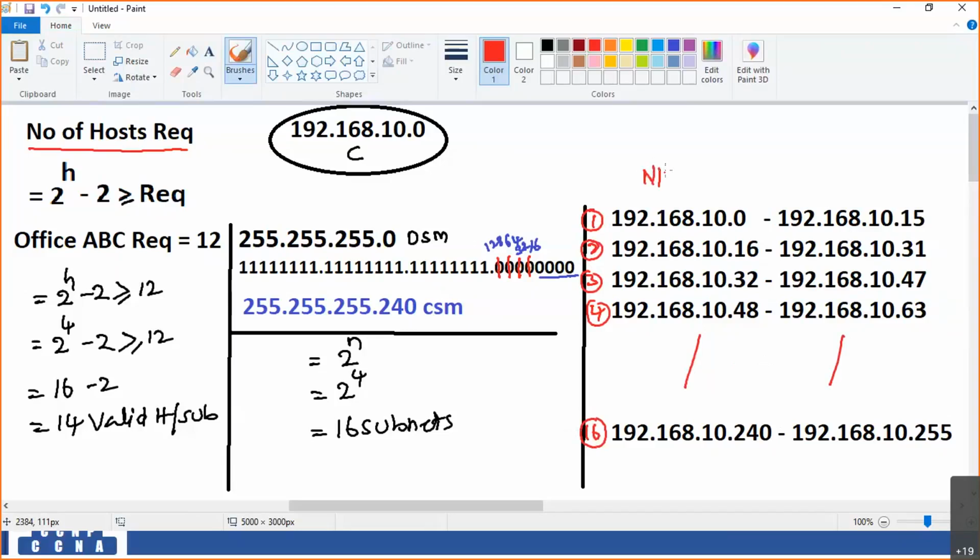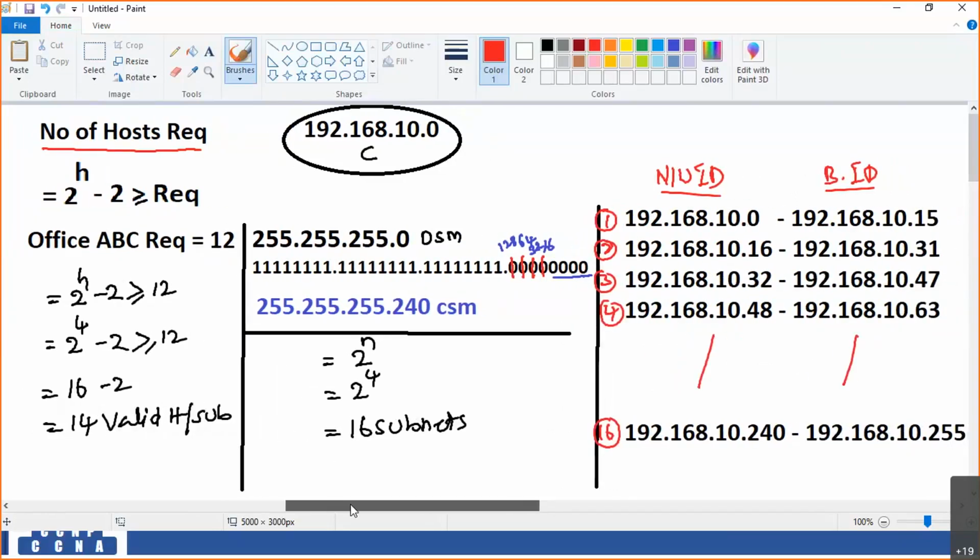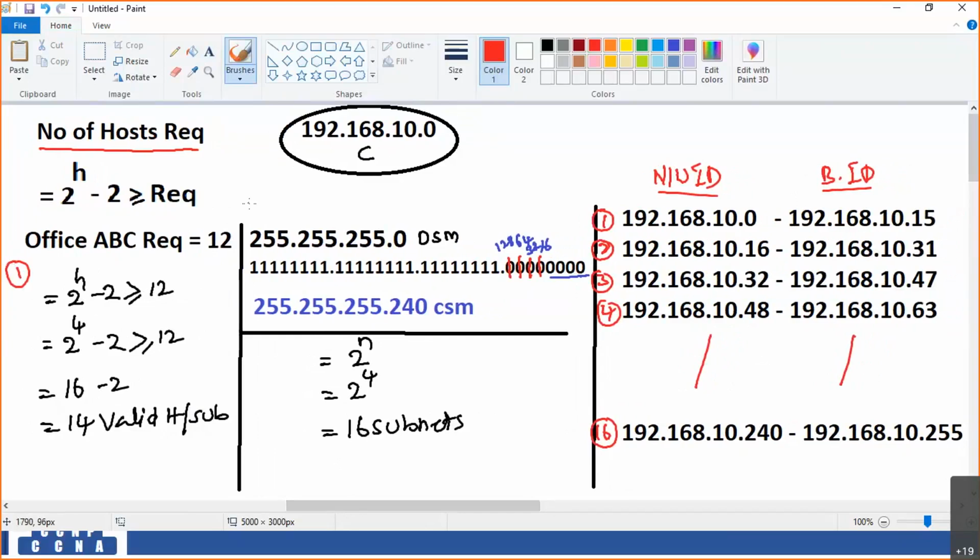These are all network IDs and broadcast IDs. We can also do this based upon host requirement. Is it clear? Let me consider this the first step, the second, the third, the fourth. Clear?